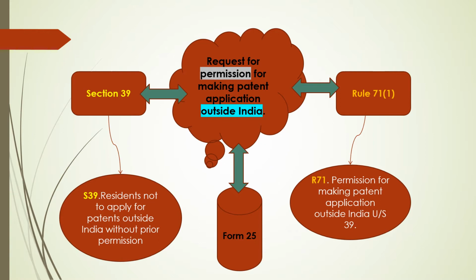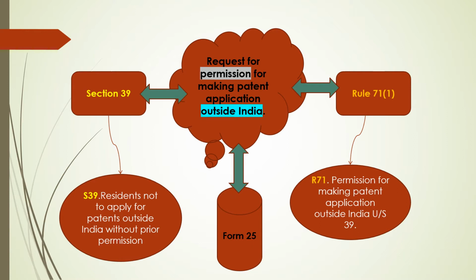So, we can say here, friends, what is the primary keyword here? The primary keyword is outside India, and the secondary keyword is permission. That means we can say the objective is application outside India, and the function that has to be done to achieve that objective is permission.